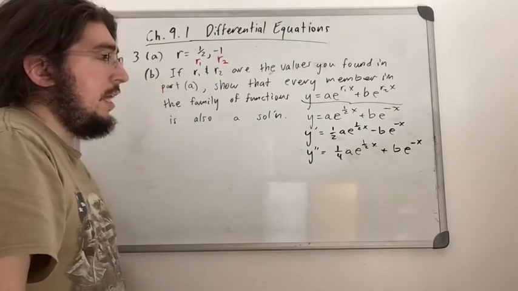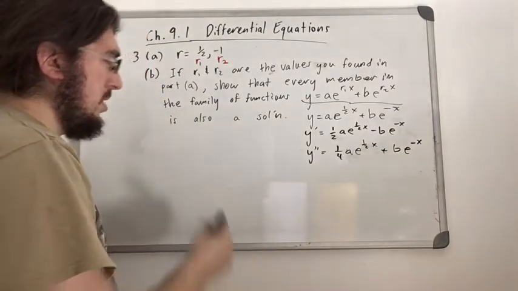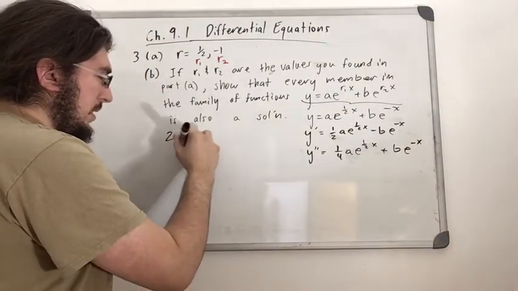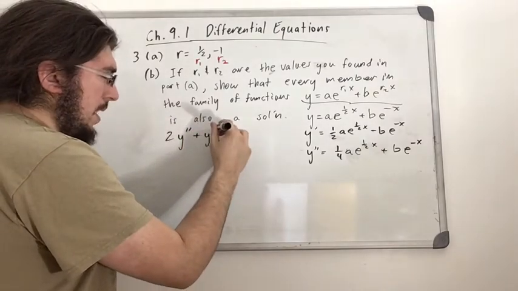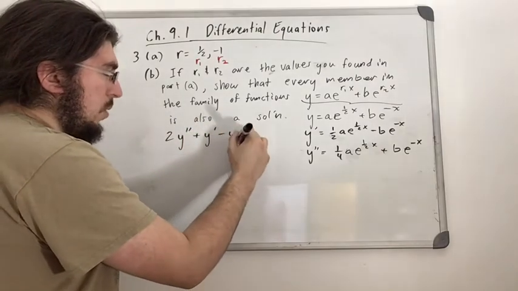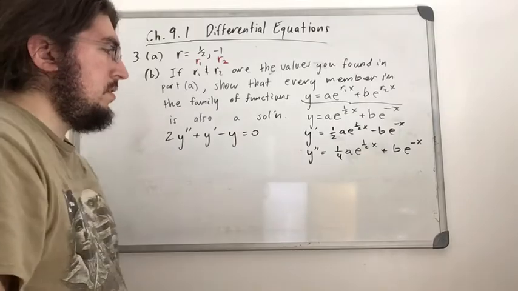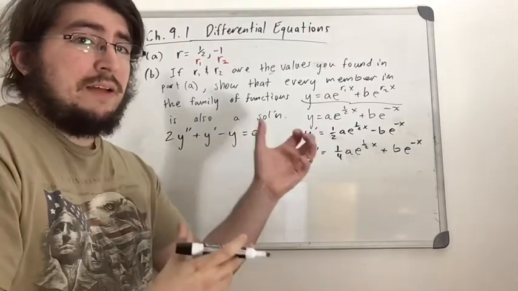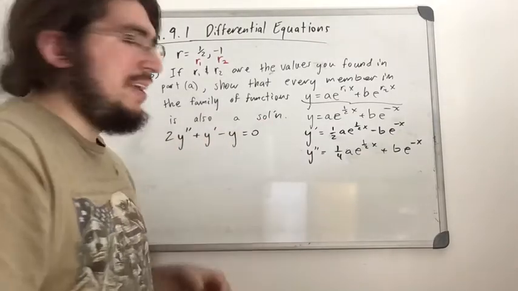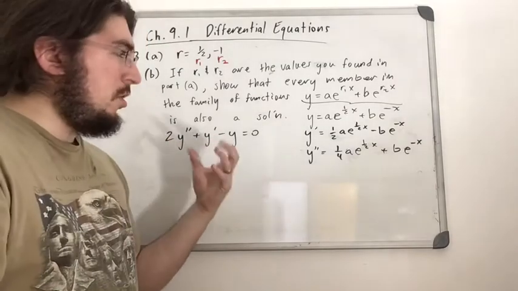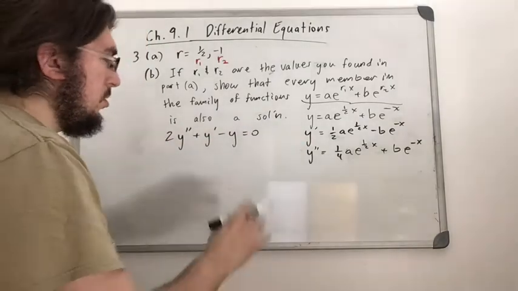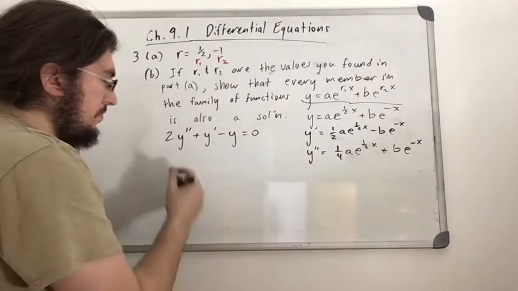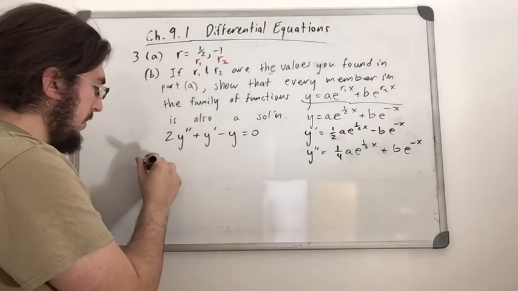Great. And now we want to plug it into the differential equation, which was 2y double prime plus y prime minus y is equal to 0. So remember, plug into the left-hand side and the right-hand side, but we're going to only do the left-hand side and show that it's 0, indeed. So 2 times this, it's going to be a lot, but that's fine.